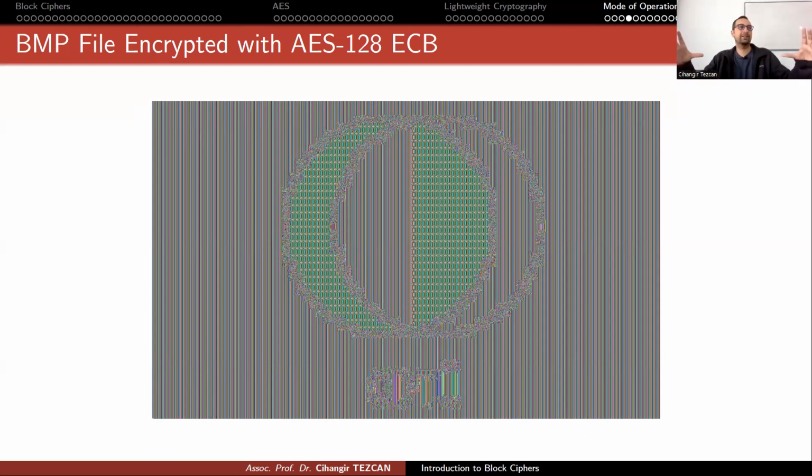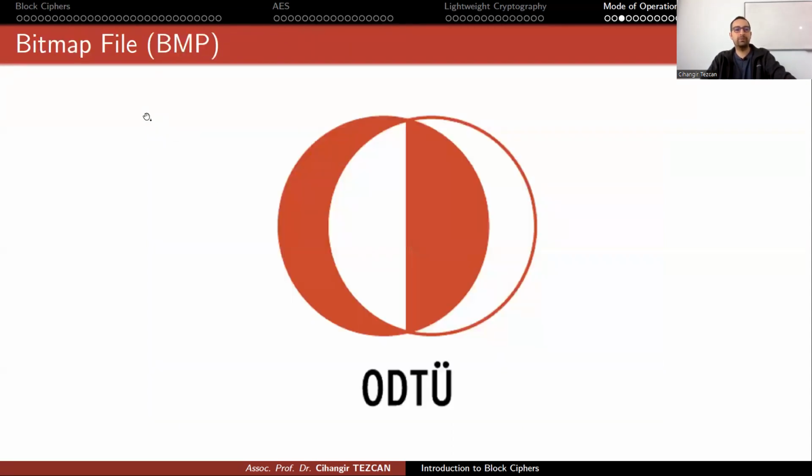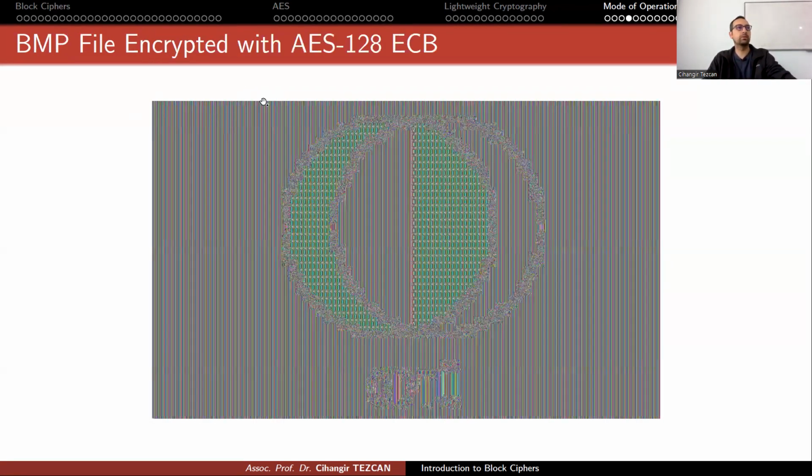And just by looking at the size of the image, you can actually guess what the resolution is. But the thing is that you shouldn't see any patterns at all, because you can understand that there are many white pixels here. So white pixels become blocks, right? So those blocks are mapped to the same encrypted block. This is why we see patterns like this.